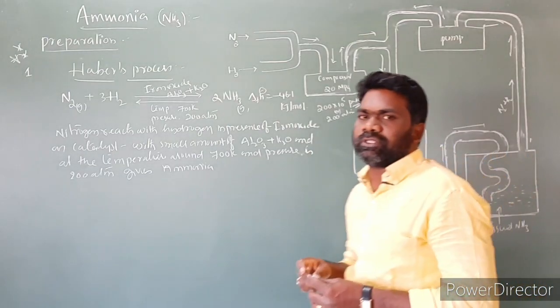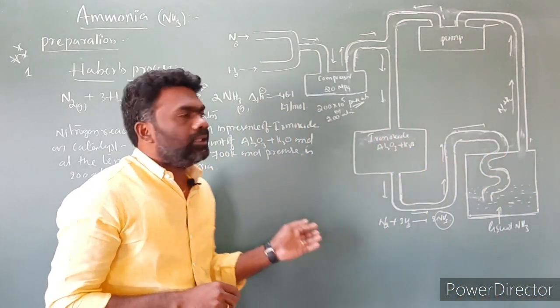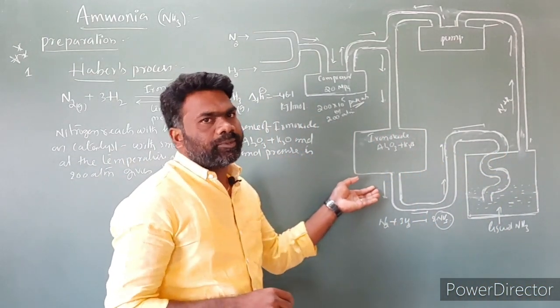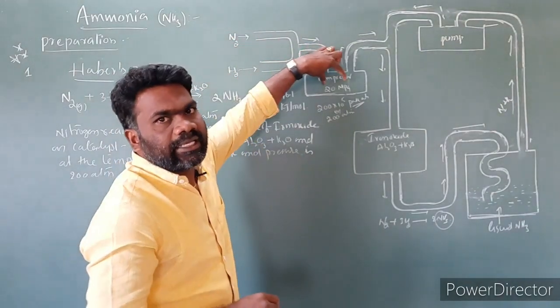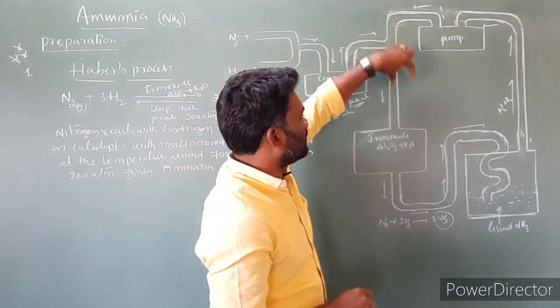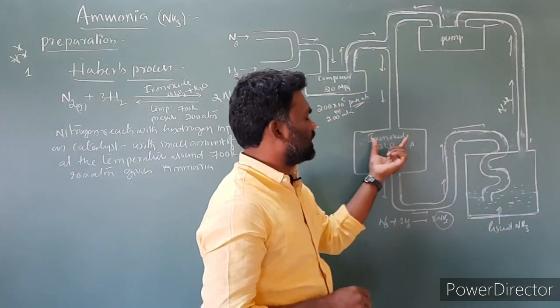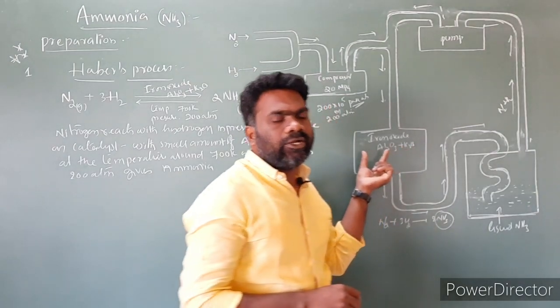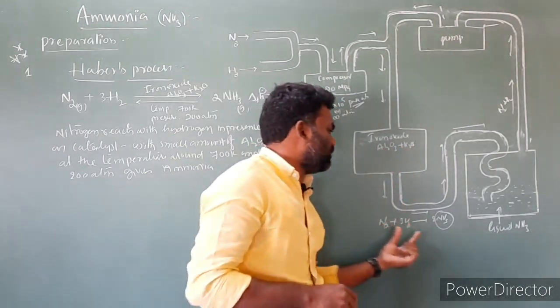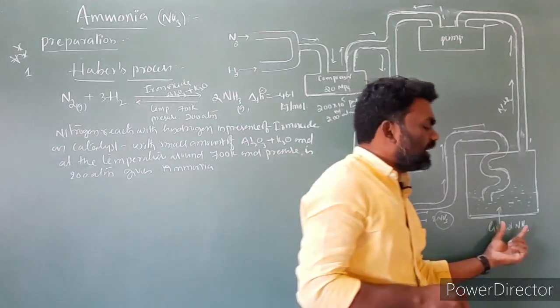So this is the flowchart for manufacturing of ammonia by the Haber process. First we take nitrogen and hydrogen gas and pass it into the compressor, where the gas gets compressed. That gas is passed into another chamber that contains iron oxide as a catalyst with a small amount of Al2O3 and K2O. Here nitrogen and hydrogen react with each other to form ammonia, so we get liquid ammonia.